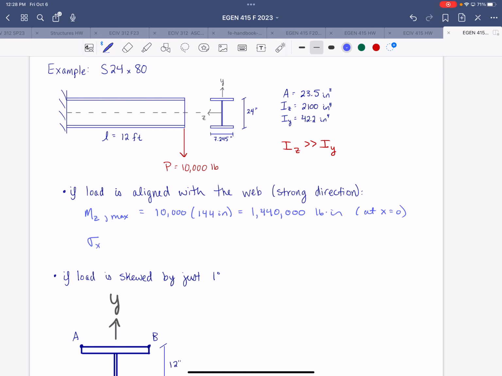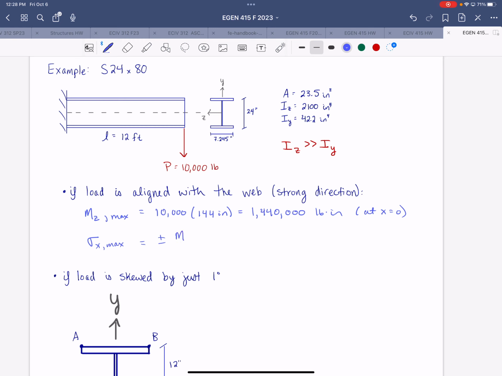So the maximum normal stress will be at the fixed end in one of the extreme fibers, right? So since it's symmetric, it doesn't matter which fiber we select. So we'll see tension and compression of the same magnitude in the cross section.